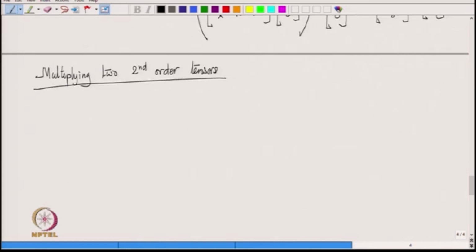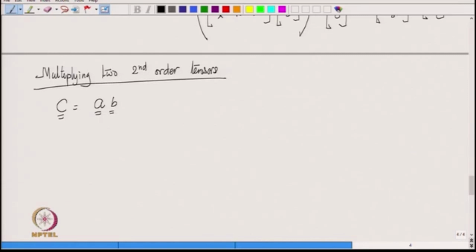So, there are actually various forms of multiplication. One is where you multiply two second order tensors and you get a second order tensor itself, a different second order tensor. Okay. So, suppose we have C equal to A into B.